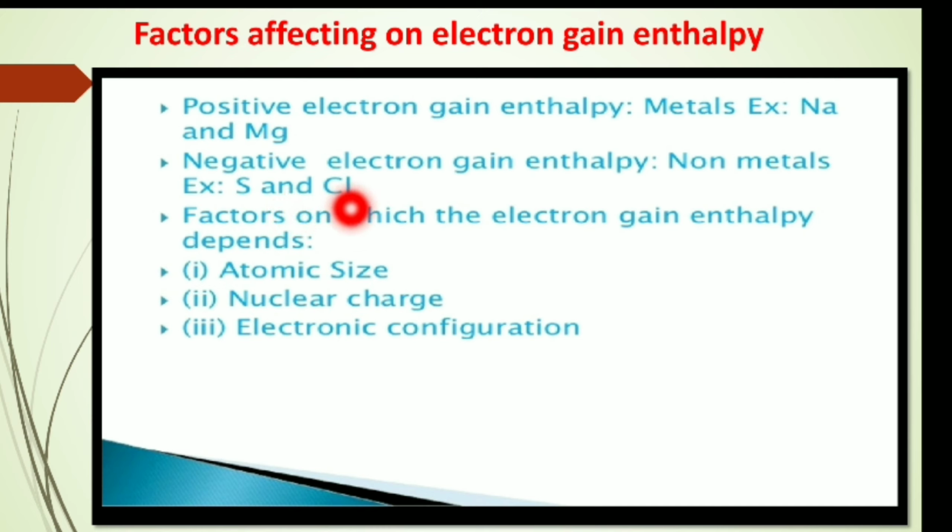Similarly, chlorine has 7 valence electrons, and 1 more electron is wanted to complete its octet. So it gains 1 electron, then it loses energy. That energy we call a negative value. The electron gain enthalpy value is negative there. Then for sodium and magnesium, the electron gain enthalpy is positive.